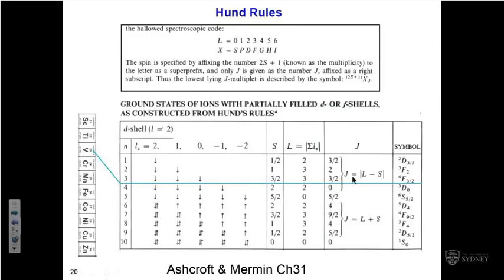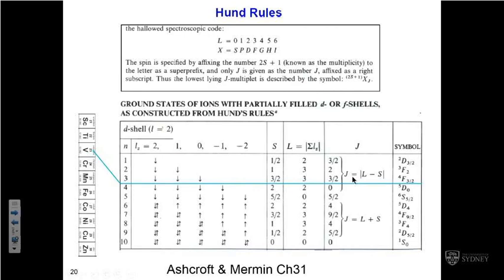Okay, so if you're looking at some kind of spectroscopy results, they use a different notation again. So they label according to this hallowed spectroscopic code. This L corresponds to our total L_Z, this big L here.